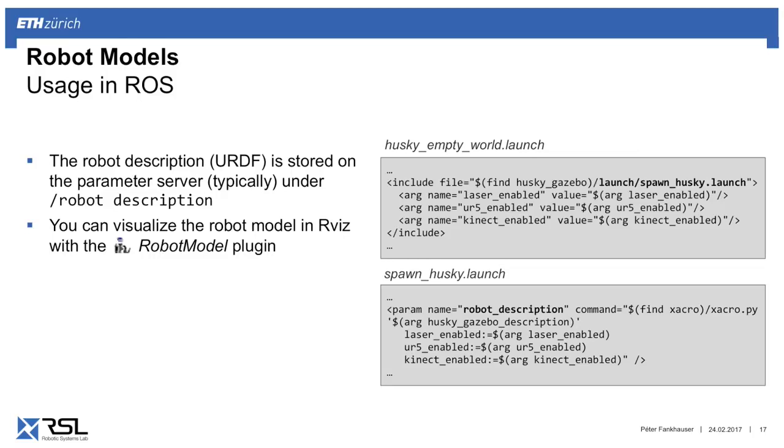And here you see it loads the parameter with name robot description, and it executes this xacro script and tells it where to find the Husky description. This way, the robot description was generated through xacro and loaded on your parameter server. So if you want, you could do rosparam get /robot_description, and then you would see the entire generated URDF. It's not very human readable, but essentially you get the entire robot description on the parameter server.